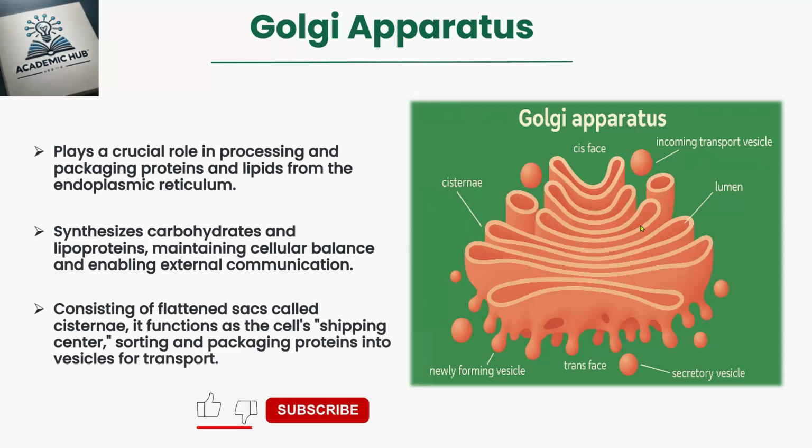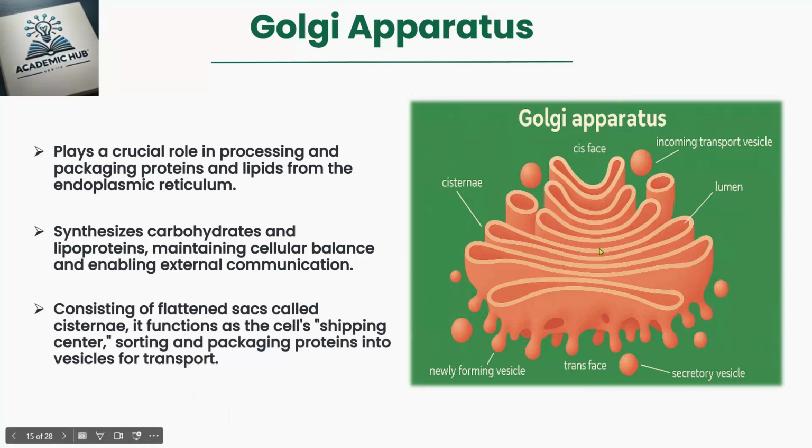So let us discuss this is the cis-face and this is the trans-face. These two faces are very important in the structure of the Golgi apparatus because they are responsible for doing all the functions of the Golgi apparatus.